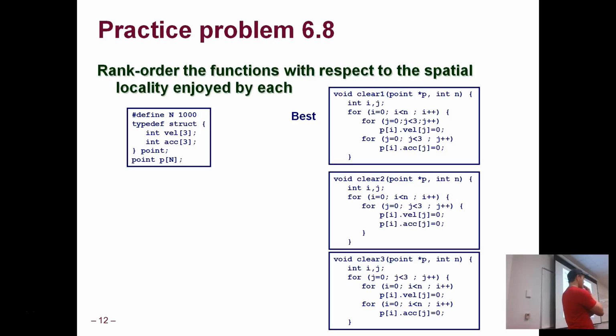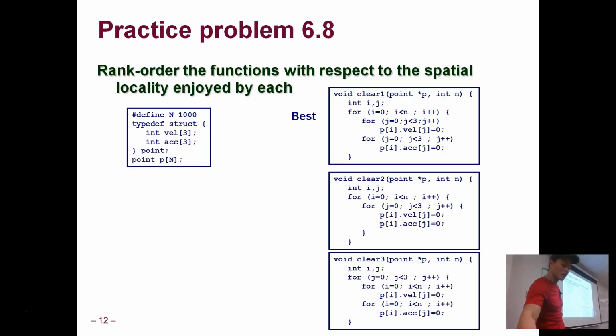So it could load up each individual velocity array and then each individual acceleration array, and then it could also load all of these structs at the same time and be the fastest. Does that make sense? Almost. So this is stored contiguously, right? So you want to completely finish a point before you go to the next point.